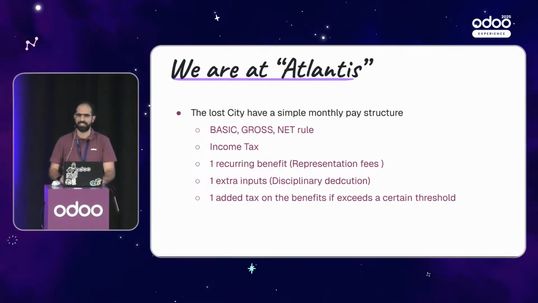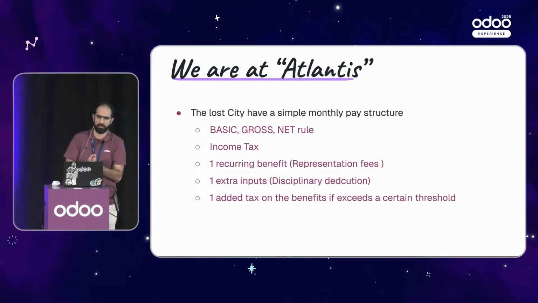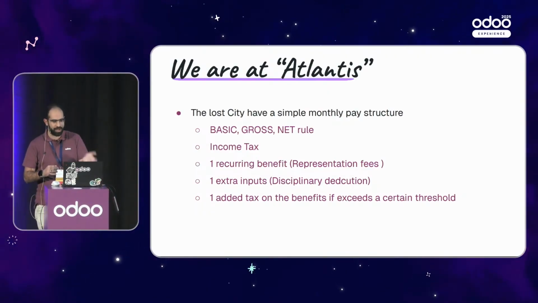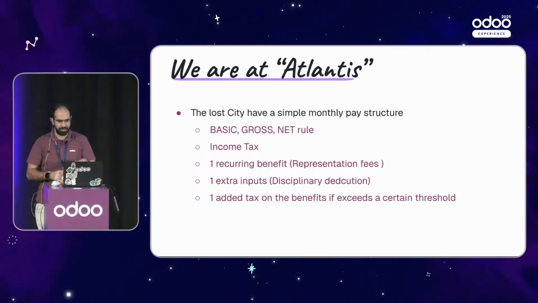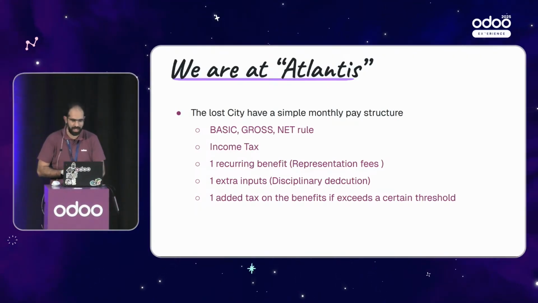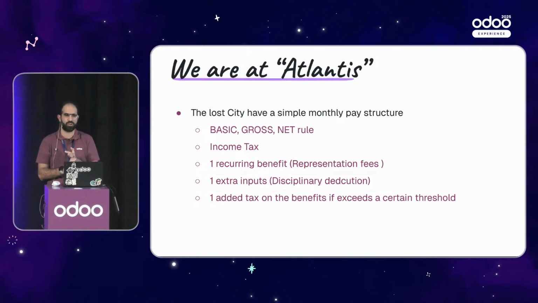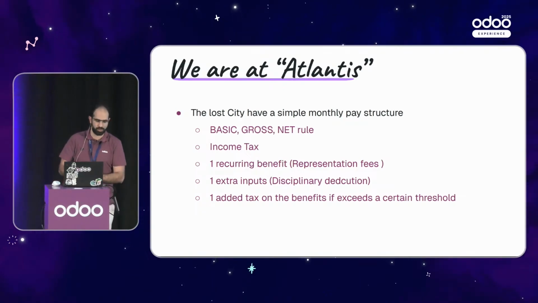I have collected this data for Atlantis, and Atlantis has a very simple payroll structure that we are now going to create in less than 20 minutes. The payroll structure mainly has three basic rules: the basic rule, the gross, and the net rule. They have an income tax, their social contribution.